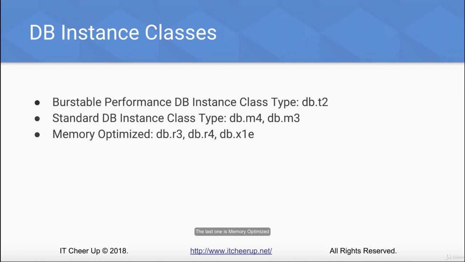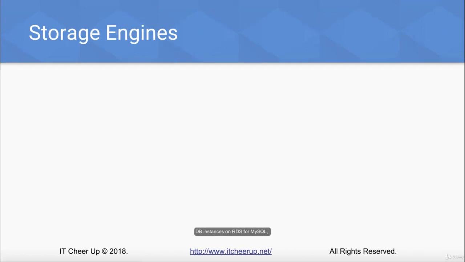The last one is a memory optimized instance class type with the db.r3, db.r4, and db.x1e, which is optimized for memory-intensive applications. Besides the DB instance classes, we also need to concern the storage type for DB workloads. Let's move to the next lecture.